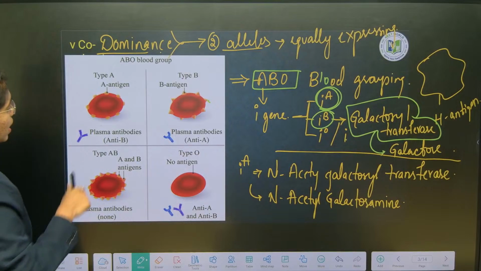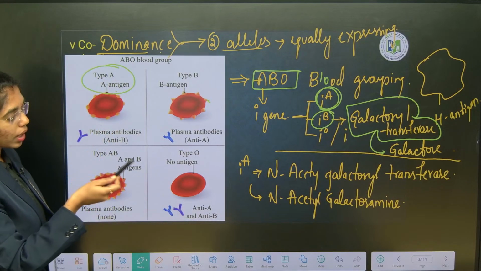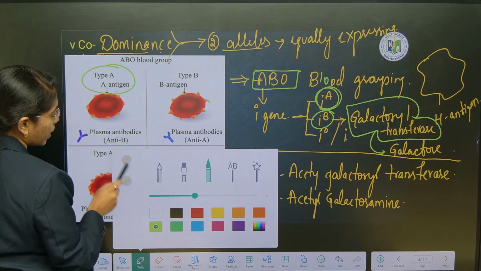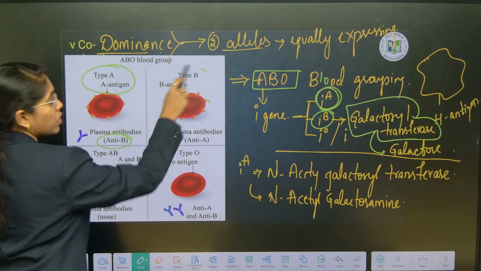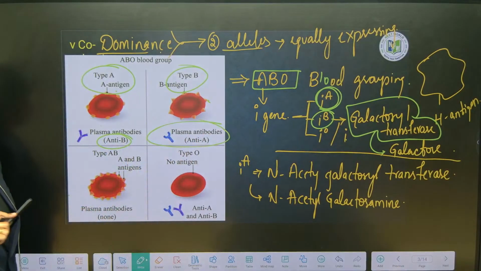So, if you consider type A, it is having A antigen, that is having what sugar? N-acetyl galactosamine. So, the plasma antibodies will be what? Anti-B antibodies. Same is the case for type B blood group. What will be the plasma antibodies here? Anti-A antibodies.